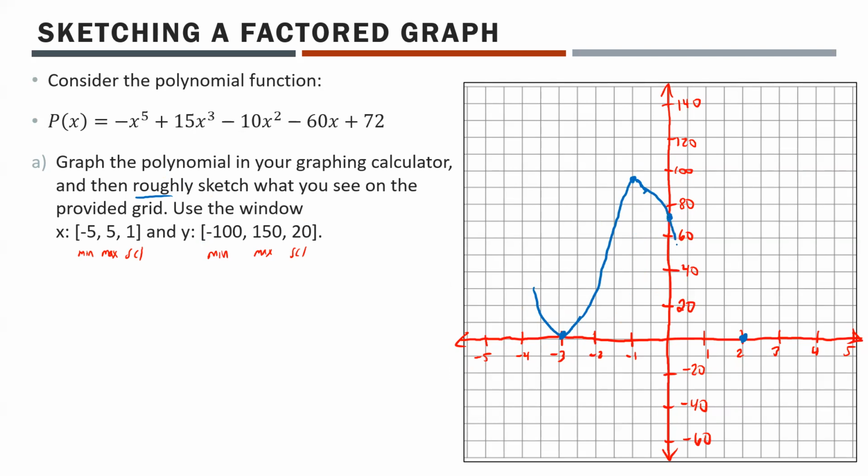And then as it swivels down, it becomes like a cubic intercept right here. So it kind of goes, and then it goes down like this. Again, the key word there is rough. This is looking pretty miserable as far as I'm concerned, but you get the general idea. We don't have to be perfect artists at this. I certainly am not. But as long as you get the right general idea down, that's really where we're going with this.